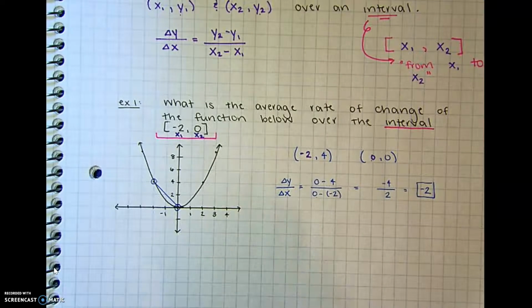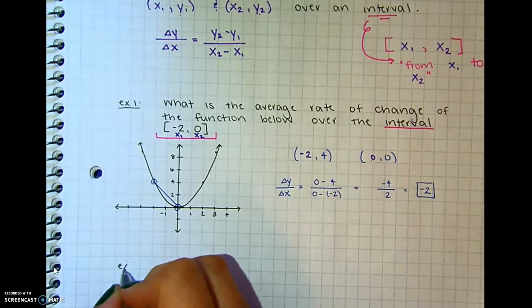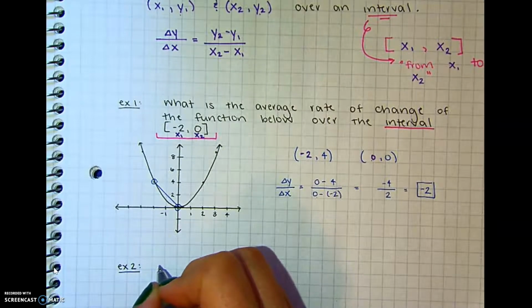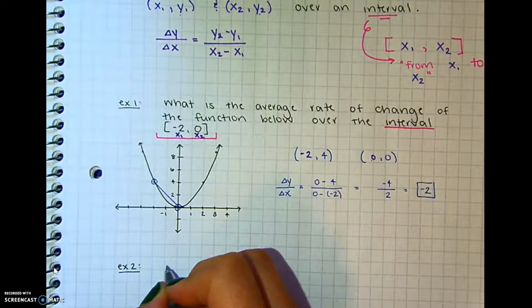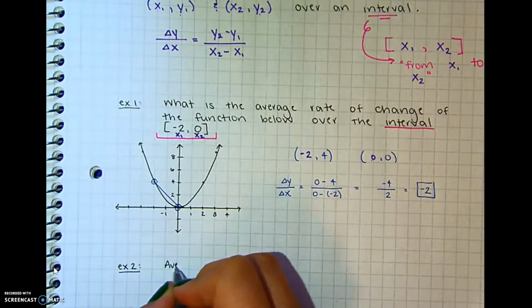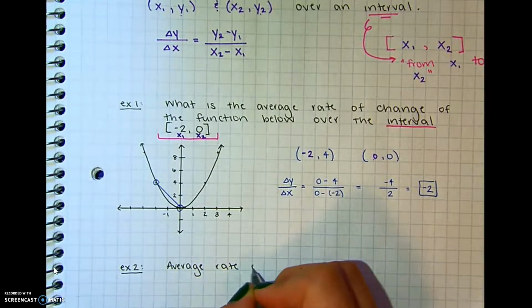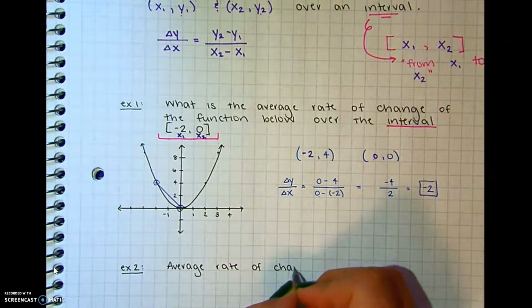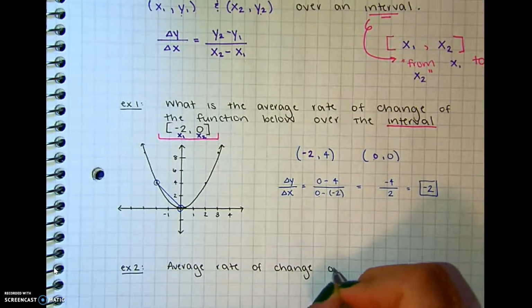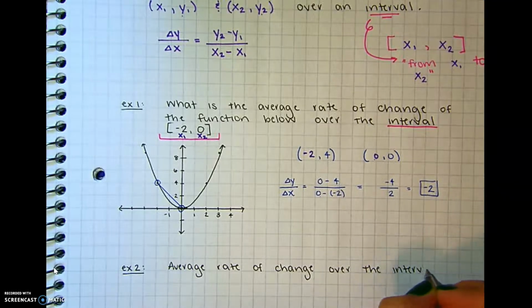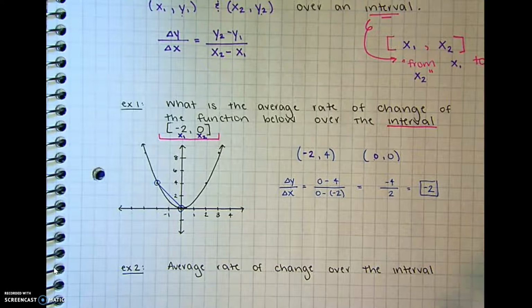So let's do another example, and we'll use the same graph as above. And this time, let's say average rate of change over the interval, and let's do 0 to 3.